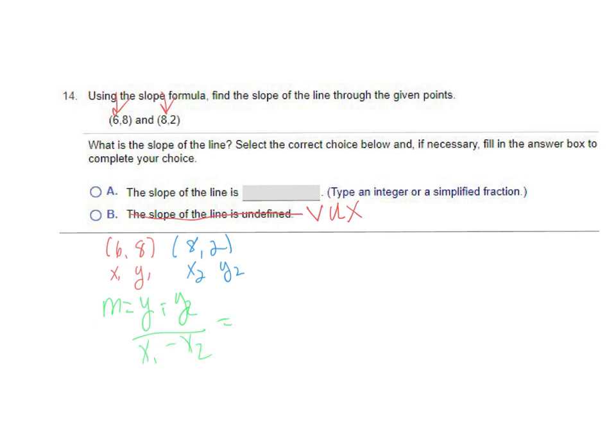And so I'm going to start with 8 minus 2. And then my x's, 6 minus 8. And simplify so that my slope here is going to be negative 3.